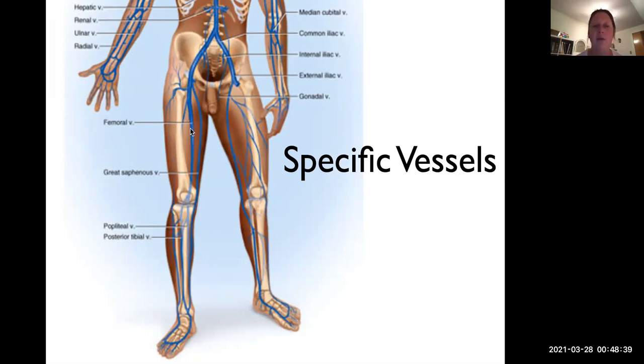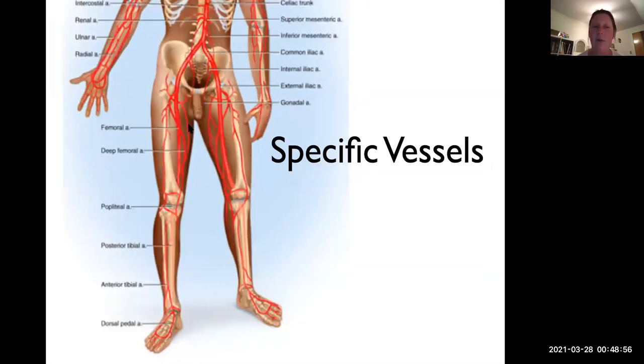If blood's in the femoral vein and I ask you where it's going next, then the answer would be the iliac vein, not the popliteal vein, because blood in veins is returning to the heart. If I asked you the same thing for the femoral artery, where does the blood go next, then the popliteal artery would be the correct answer. Okay.